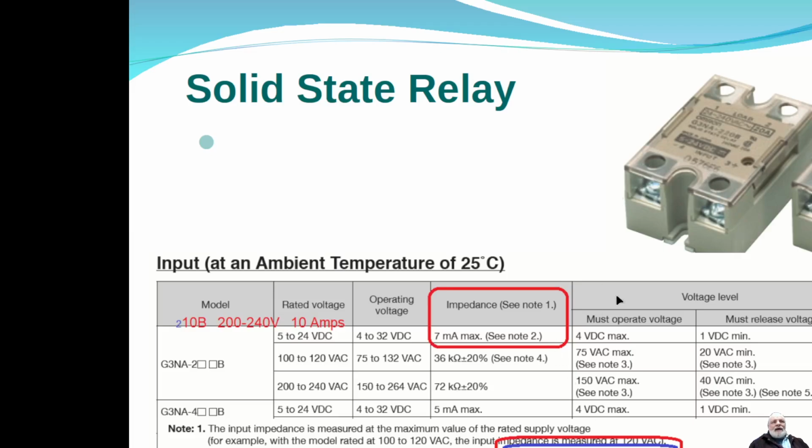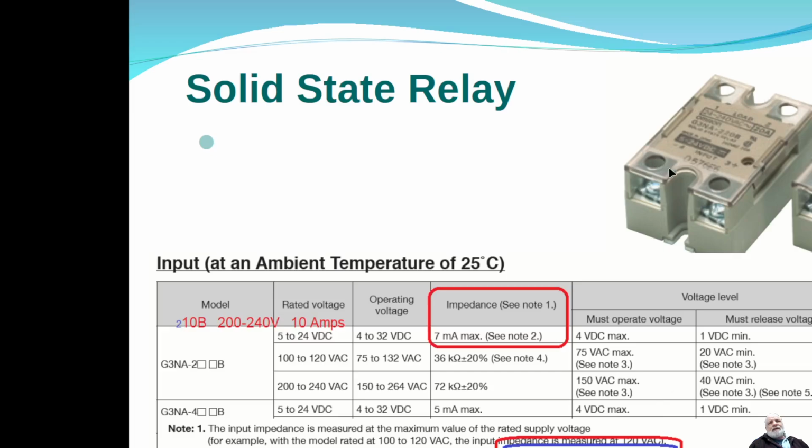Now, over here at the load, you can connect to the load. The one we have in the classroom can handle AC. It's the one here that can go all the way up to 200 or 240 volts AC. So it's actually a triac on the load side.